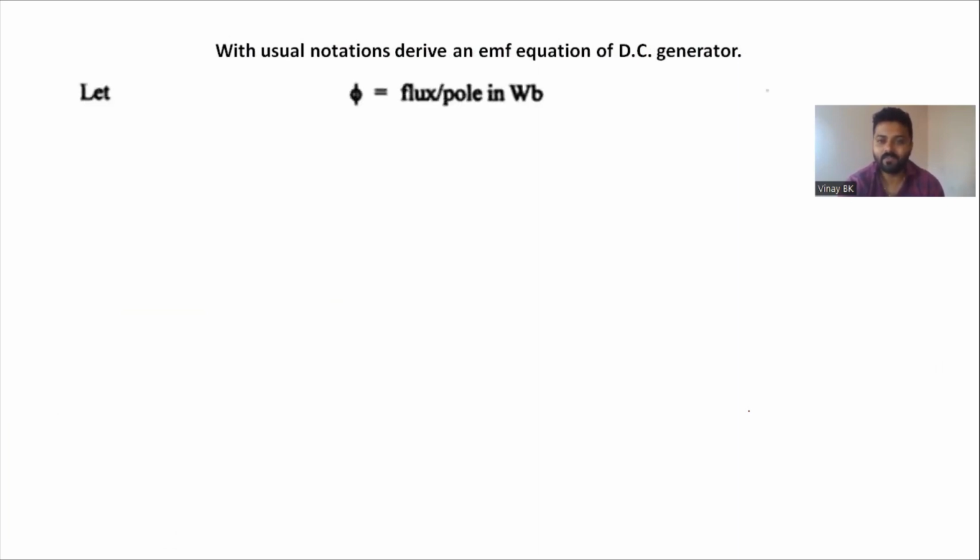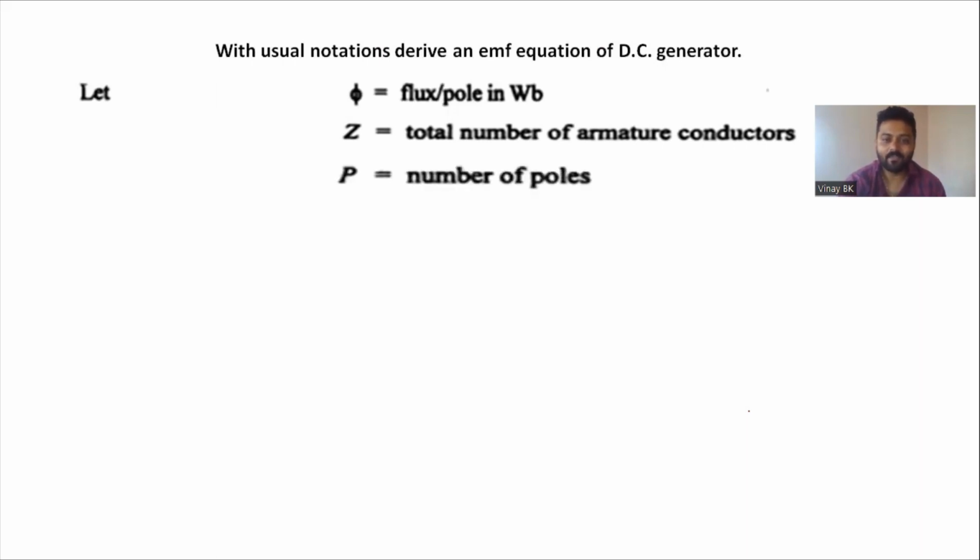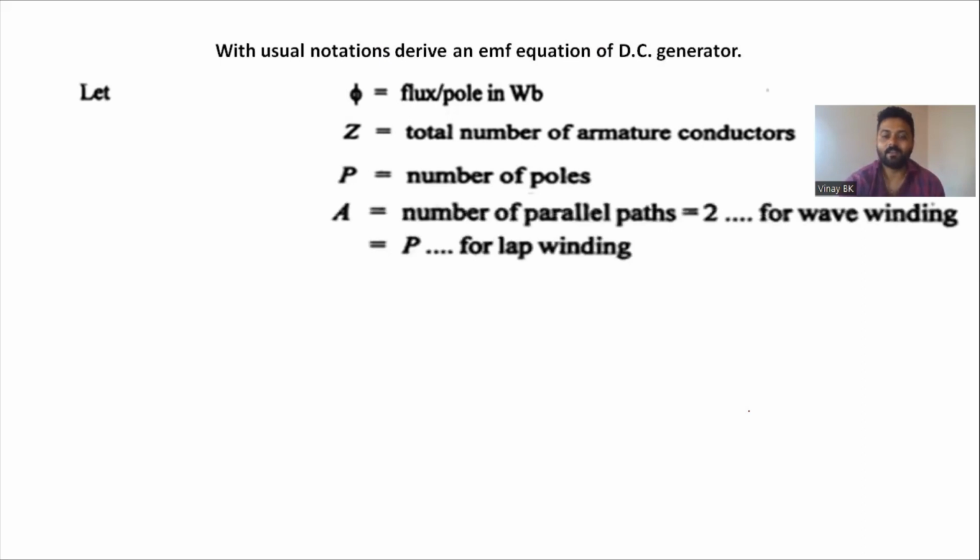First, you have to define phi, which is nothing but flux per pole in Weber. After that, you have to define Z, which is nothing but the total number of armature conductors. Then define P, which is the number of poles. Then define A, which is the number of parallel paths.